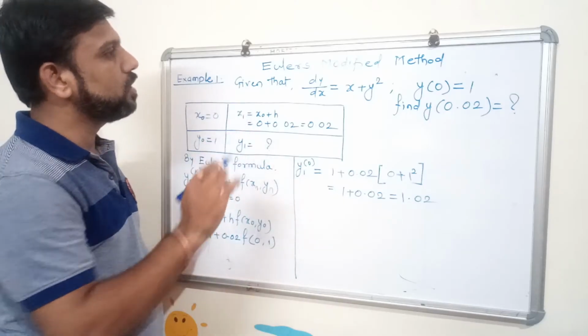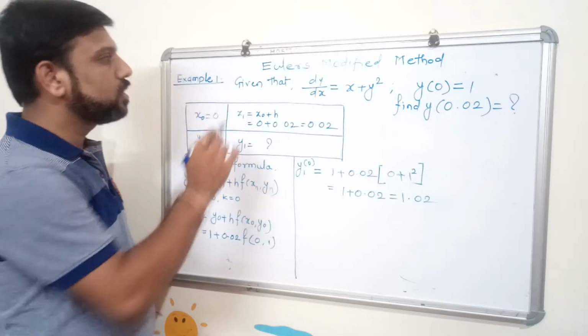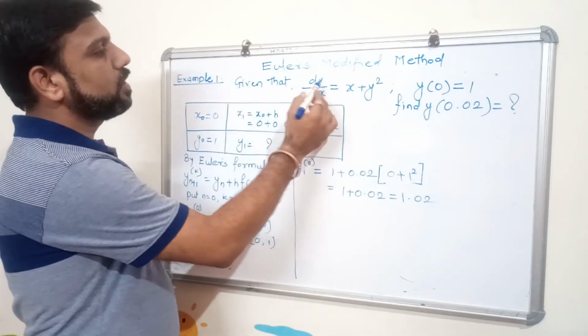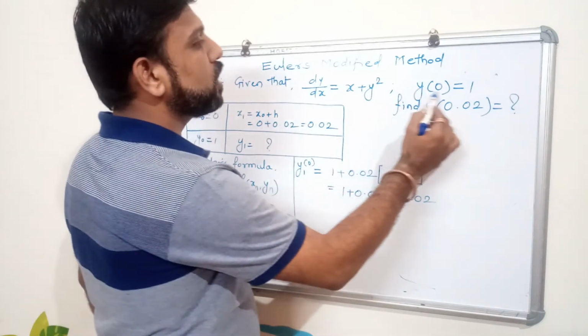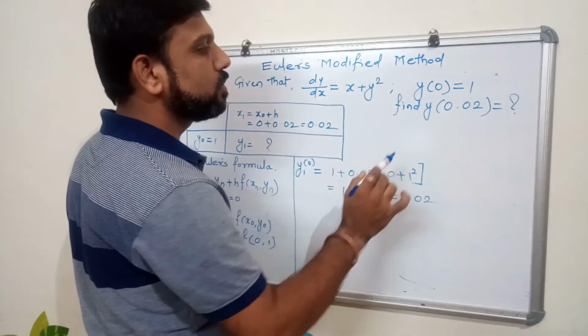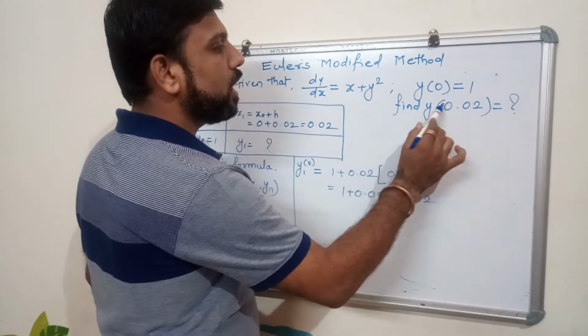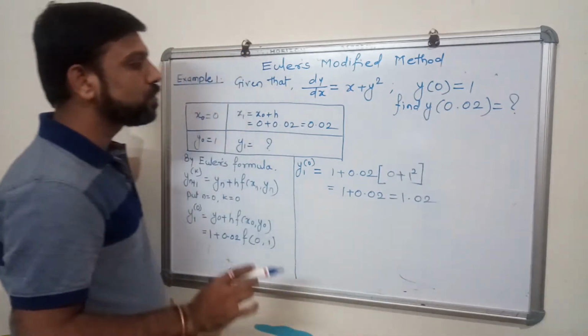Now we will discuss the first example. Given that dy/dx = x + y² with initial condition y(0) = 1, find the value of y at 0.02.